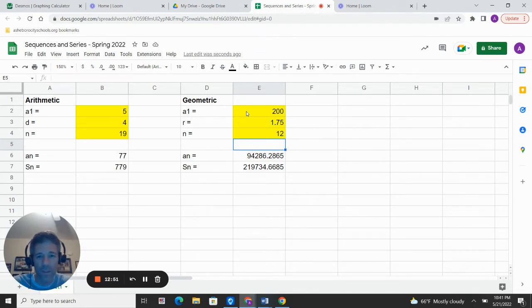Let's round to 2 decimal places. So I'm looking at the nth term. 94286.29. I'll write that down. So the 12th term is 94,286.29.